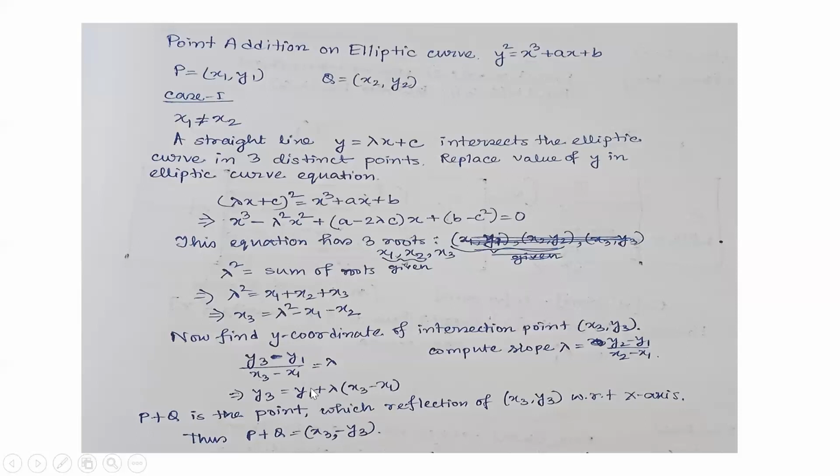So y3 can be easily computed as y1 plus lambda into (x3 minus x1). Whatever x3, y3 value you get, that is the third intersecting point of the straight line with the elliptic curve, and the value of P plus Q will be the exact x-axis reflection of the point x3, y3. So you take x3, comma minus y3 as the value of P plus Q. That is how point addition is performed in case 1.